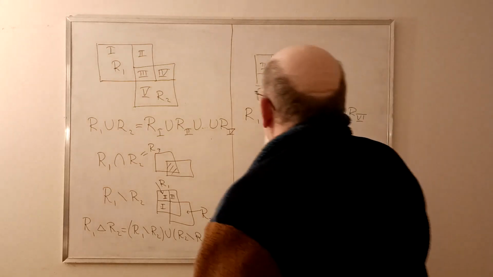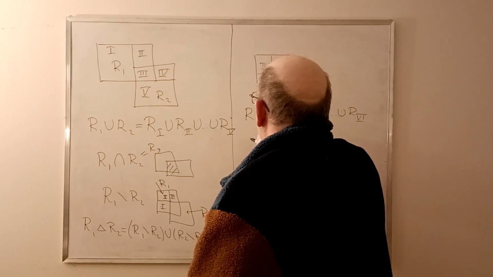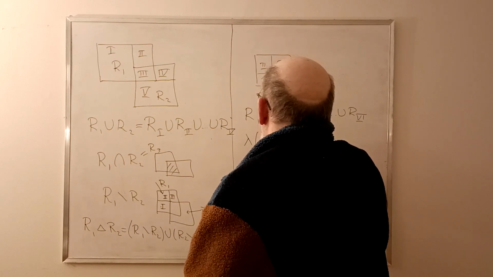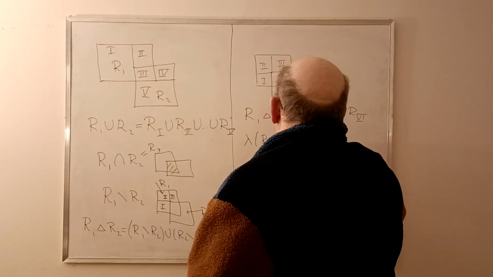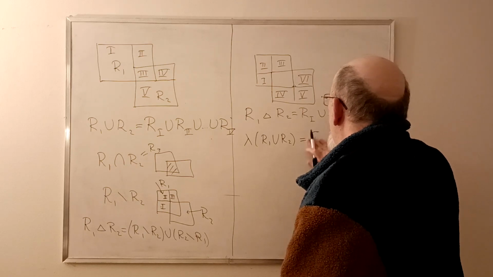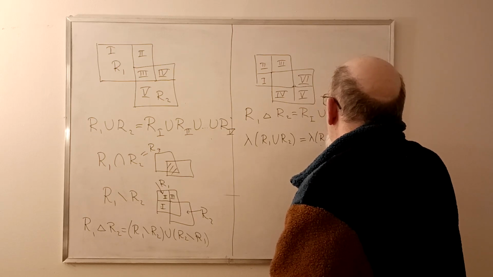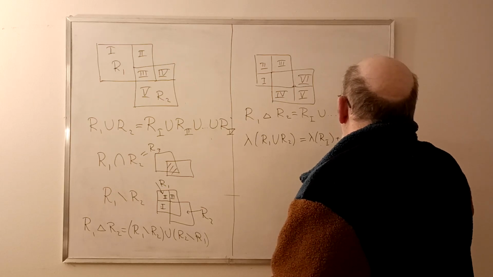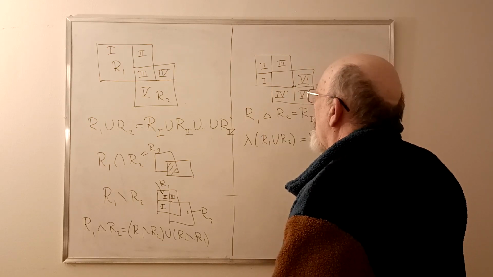And so we can define the measure of, say, R1 union R2 equals the measure of R Roman 1 plus and so on, plus the measure of R Roman 5.